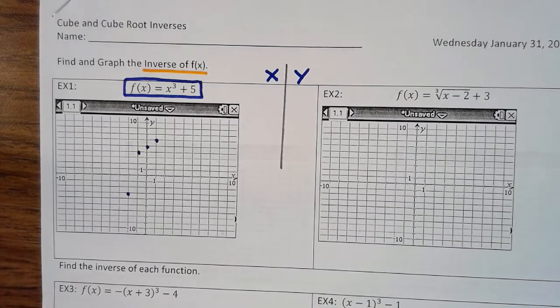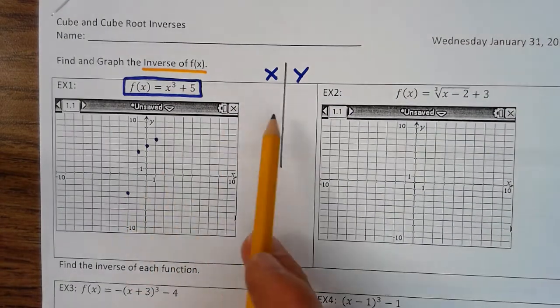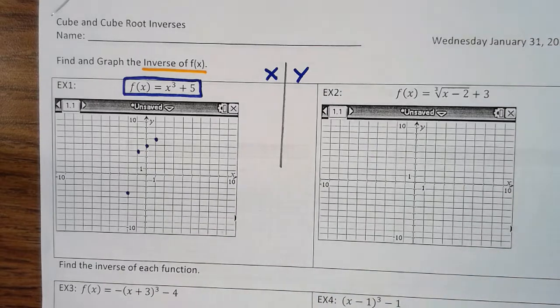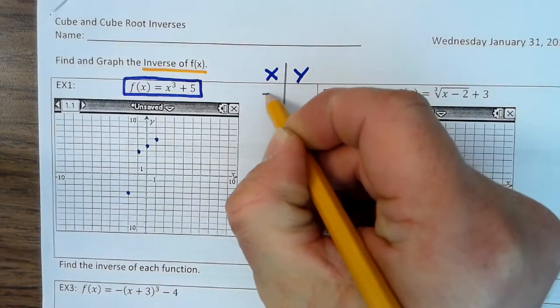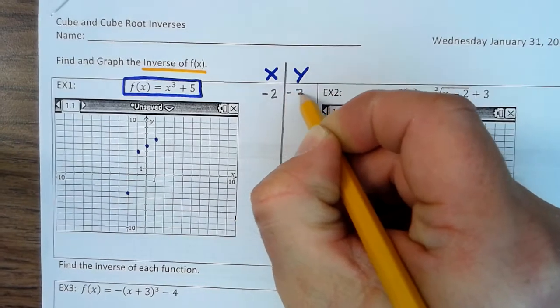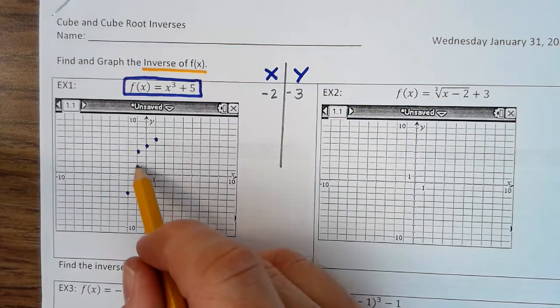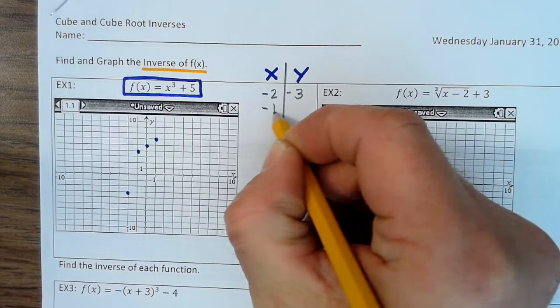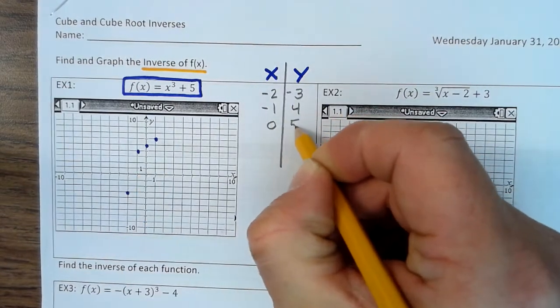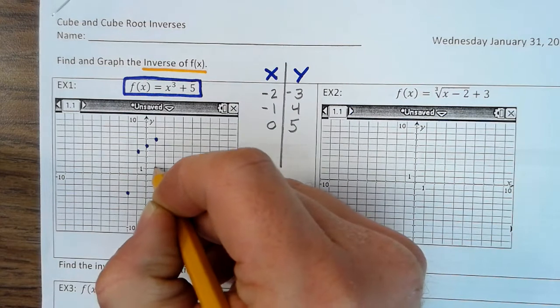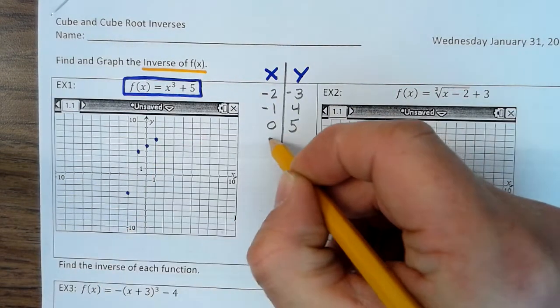So we kind of graph by direction, but we're actually going to put the points so we can switch them for the inverse. So our points are -2, -3, -1, 1, 2, 3, 4, and so -1, 4, 0, 5, and 1, 1, 2, 3, 4, 5, 6, 1, 6.